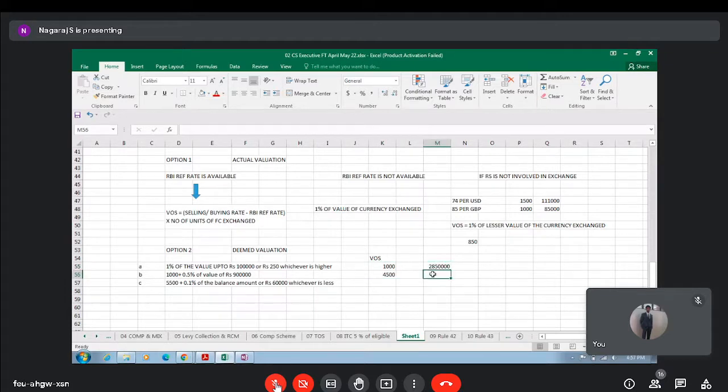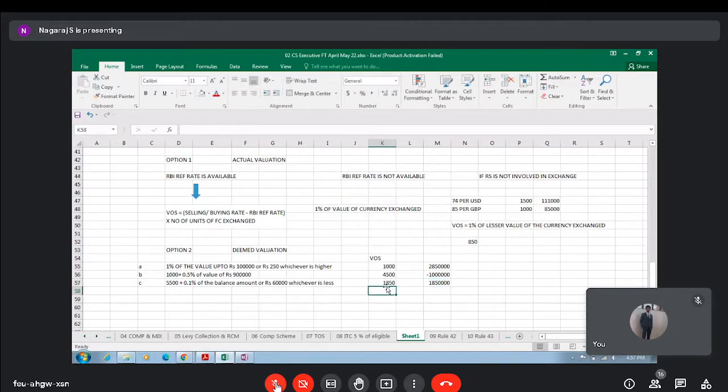If you deduct 10 lakhs, what is the balance? 18 lakhs 50,000. 18 lakh 50,000 into 0.1%, or rupees 60,000, whichever is less. That means this multiplied by 0.1%.